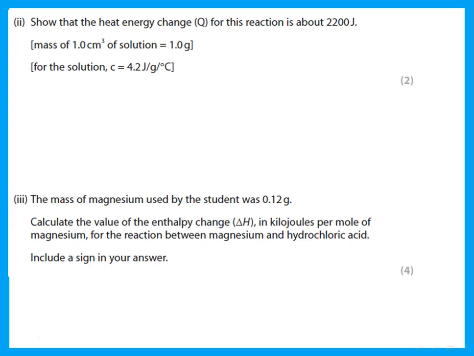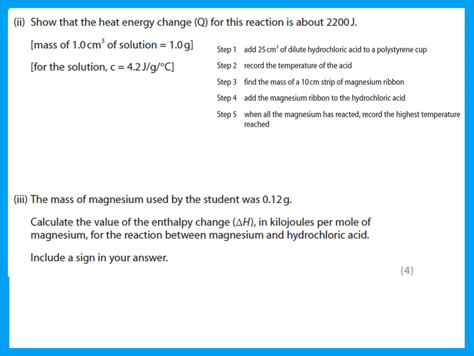Then he says, show that the heat energy change for this reaction is about 2200 joules. How do we get Q? You should remember that Q is mc delta T. So let us look at what he says. If we say Q is mc delta T, what is our M?